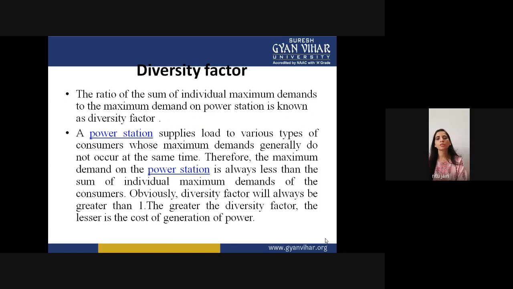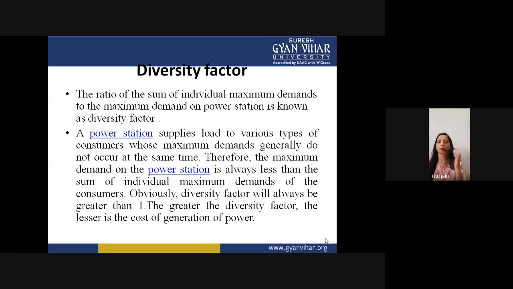So a power station supplies load to various types of consumers whose maximum demands are different and generally do not occur at the same time. Suppose there are four houses, so the maximum demand of those four houses will be different, and it will occur at different times.